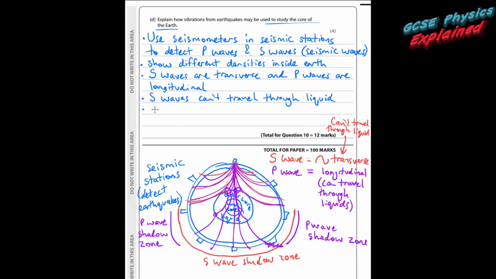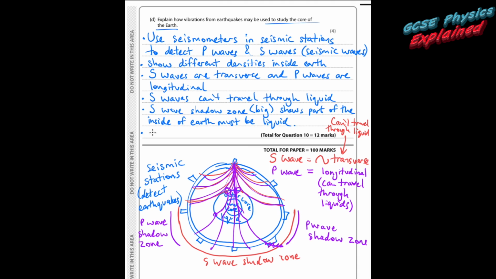Big S wave shadow zone shows that S waves can't travel through a part of the Earth which must be liquid. S wave shadow zone, which is big, shows part of the inside of the Earth must be liquid.